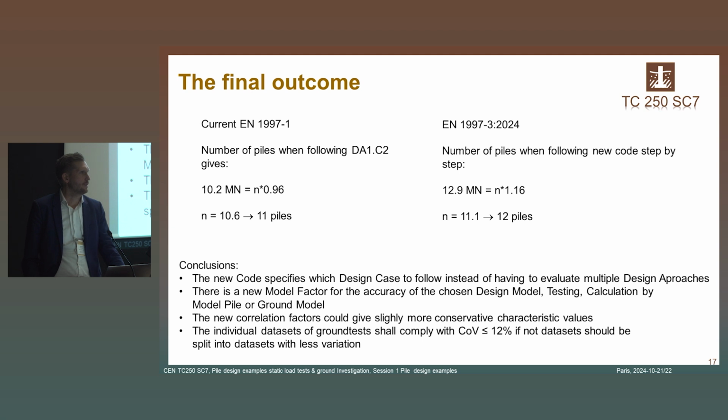The current code would have given a foundation on 11 piles, whereas the proposed new Eurocode gives you 12 piles. And actually the same conclusions, but in the case of using a ground model method, you have to do something with this coefficient of variation.